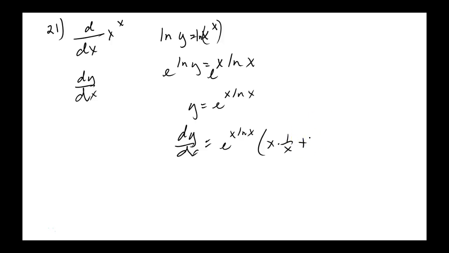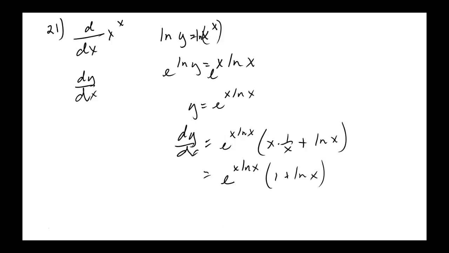Plus log x times the derivative of x. So what do we have here? e to the x log x times 1 plus log x. Now you could write that in front, or you could put e to the x log x plus log x e to the x log x.